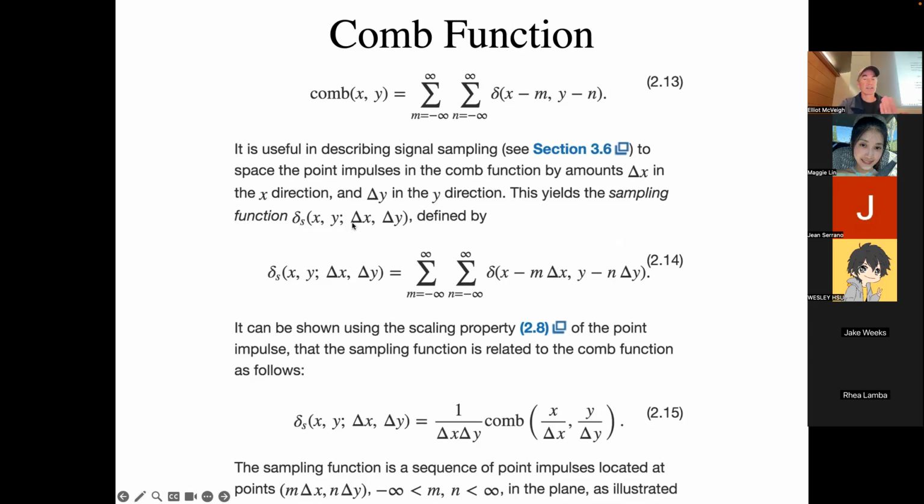And giving a separation of delta x and delta y gives you a new continuous function. So it's continuous in x and y, and delta x and delta y are basically parameters of the function. This is just that comb in the plane. Once I set my delta x and delta y, that gives me that 2D comb.